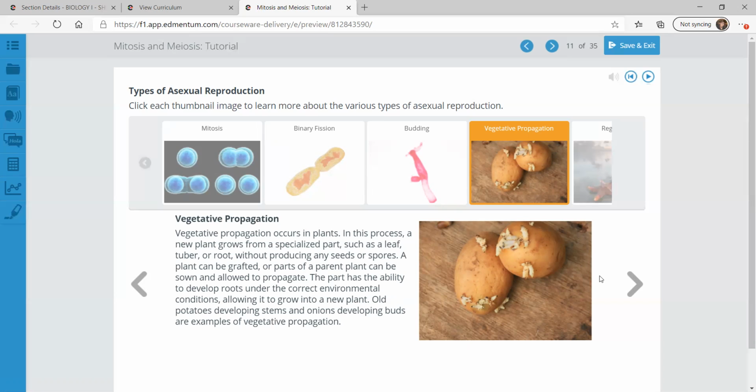The part has the ability to develop roots under the correct environmental conditions, allowing it to grow into a new plant. Old potatoes developing stems and onions developing buds are examples of vegetative propagation. And here we see how older potatoes start sprouting these stems.